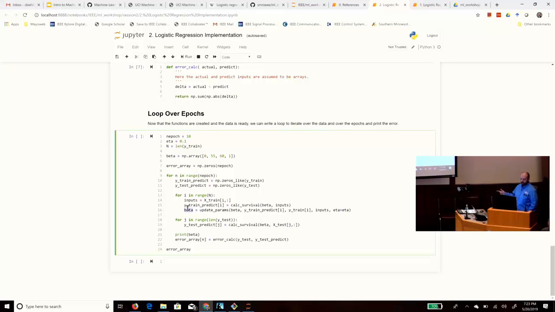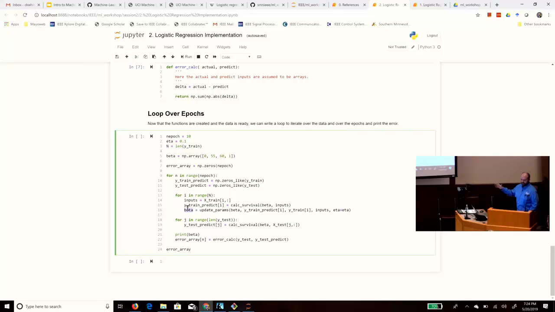In the next for loop, we're going to do the same thing again, but we're not updating beta anymore. The next for loop is just to check our current betas against our test data. This is where we're going to calculate our error, okay? So we've gone through our training data once. We think we have pretty good values for beta. We're going to test those values against our test data, which is a separate set of data.